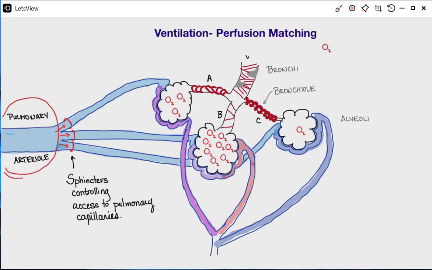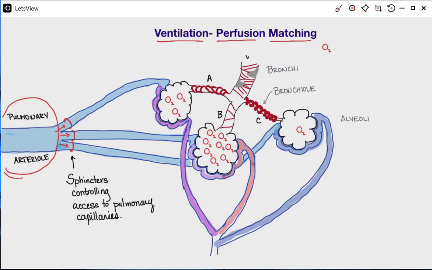If I want to maximize the amount of oxygen that moves into my blood, then I should send most of my blood to alveolus B. And this is exactly what the lungs do. And the concept of sending most of your blood, your pulmonary arterial blood, towards the alveoli that have the best ventilation and therefore the highest partial pressure of oxygen is known as ventilation-perfusion matching.